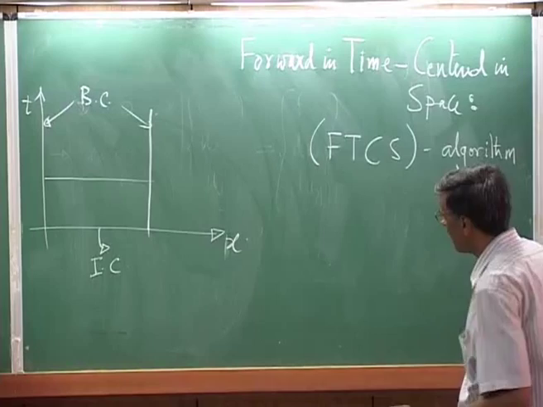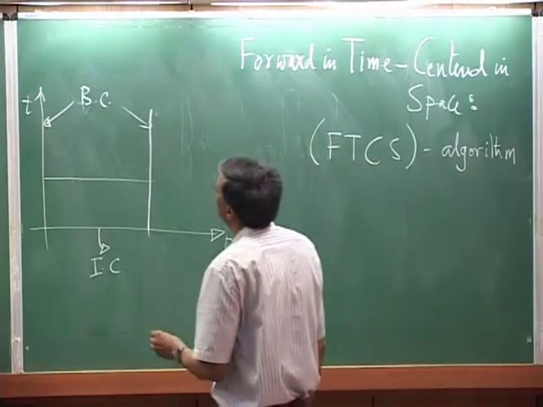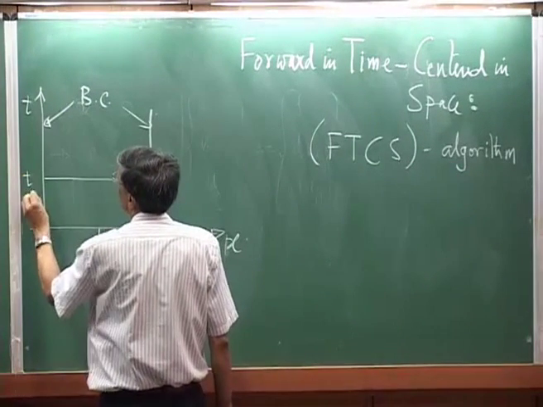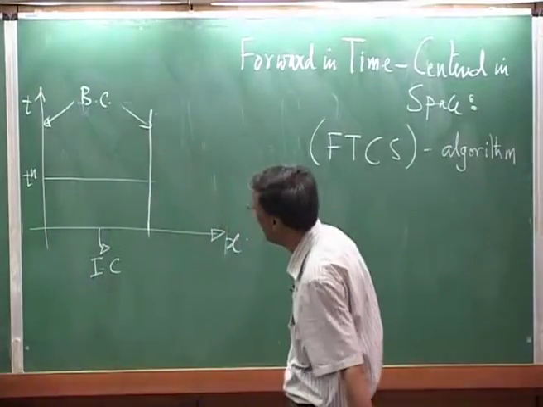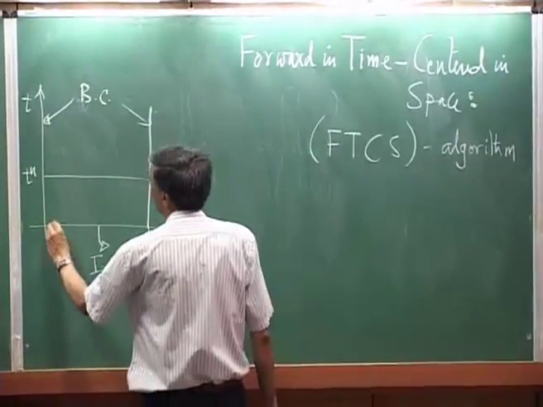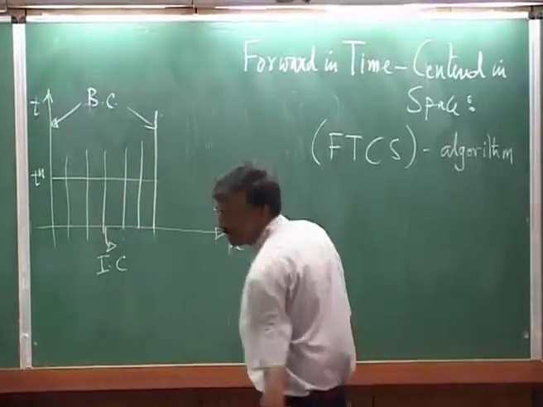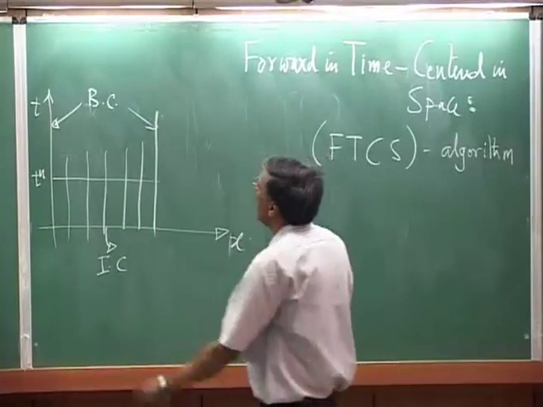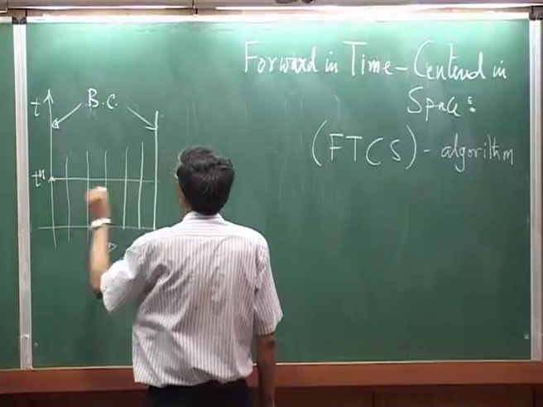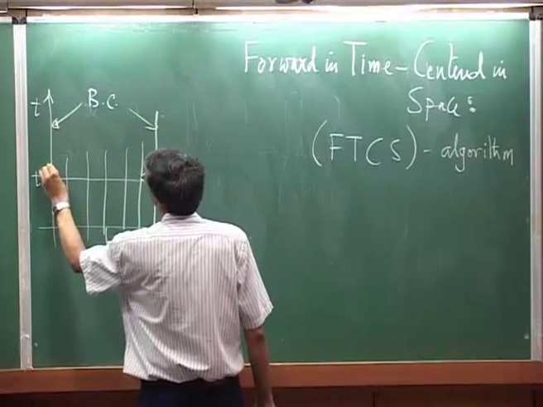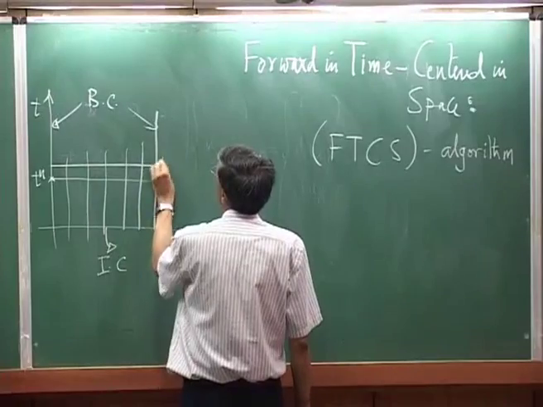Okay. So, if I talk about the solution at time level t n, I would have discretized this problem along some network of points, and then I say that I have the solution along this line, and we are trying to find out what is the solution here.